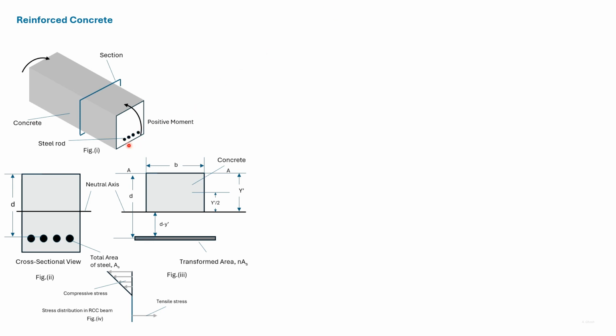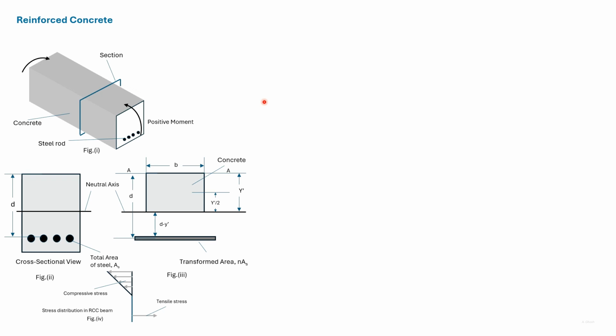The steel bars are embedded at a small distance from its corresponding edge. Let us take a section of the reinforced concrete beam. Figure 2 gives the cross-sectional view. Consider this axis as the neutral axis.